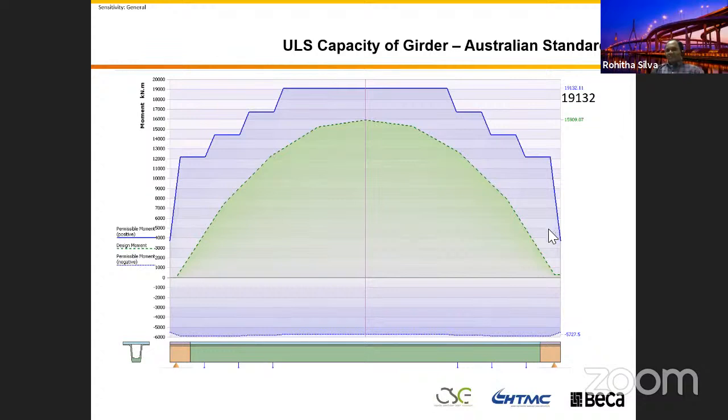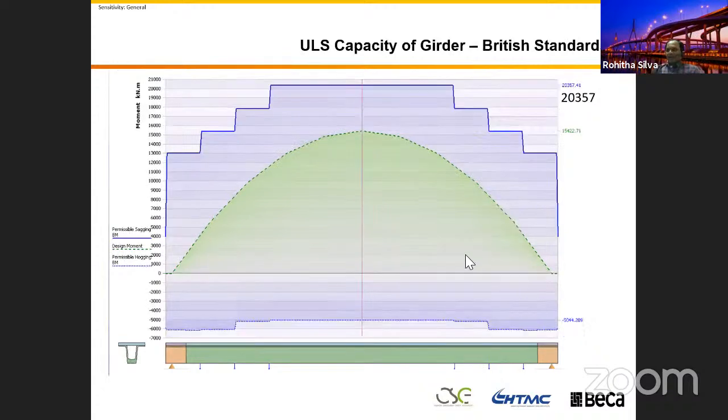The strength of the concrete is 40 MPa for the deck and 50 MPa for the girder. But when you calculate the same one using the British standard, don't worry about this curve on the bottom. I just put that in to give you some idea about the actual loading. You get 20,035.